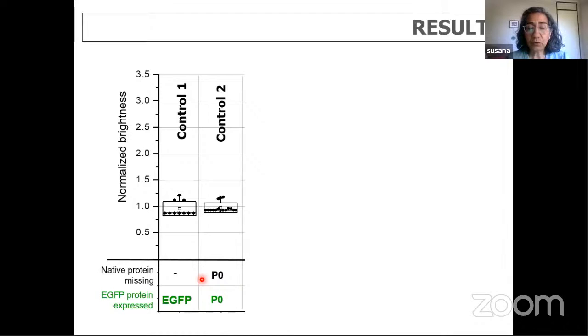We are going to work for months taking data for this type of experiment, so we need a way to normalize the data so we can compare them in time. So what we did every day, we will take one control of EGFP, so a yeast with EGFP alone expressed inside. That should always be the brightness of 1.